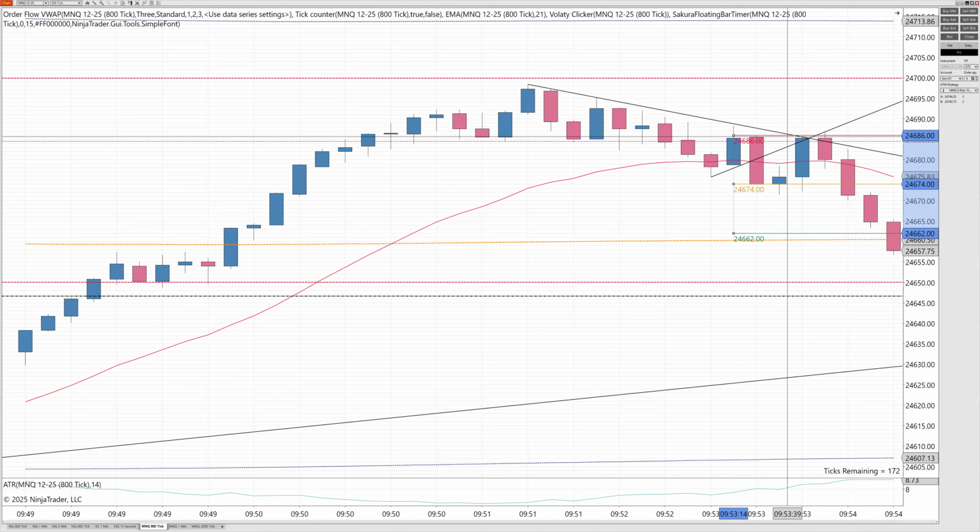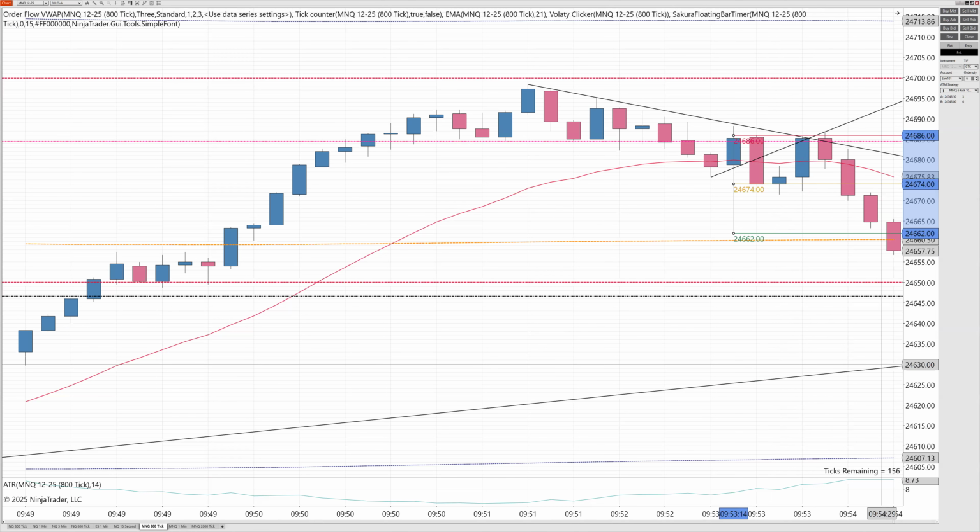So I'm willing to sacrifice an extra 20 plus dollars or so of risk in order to make sure that this trade actually works. And it did end up working, so that's nice.